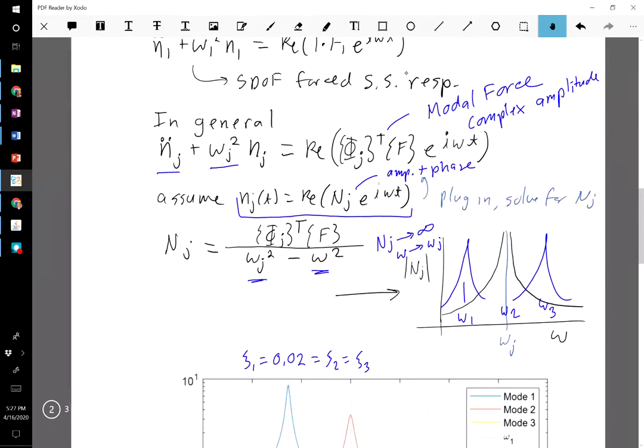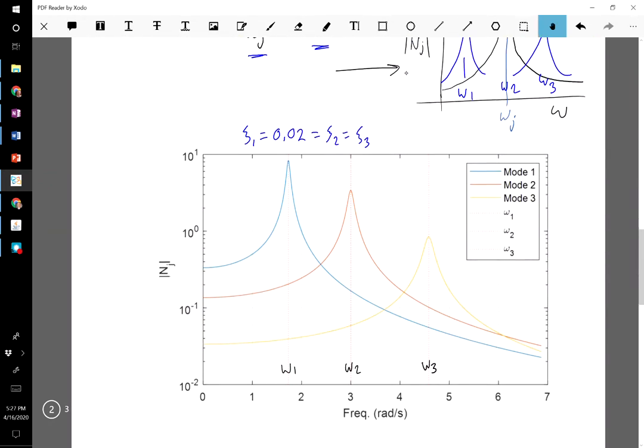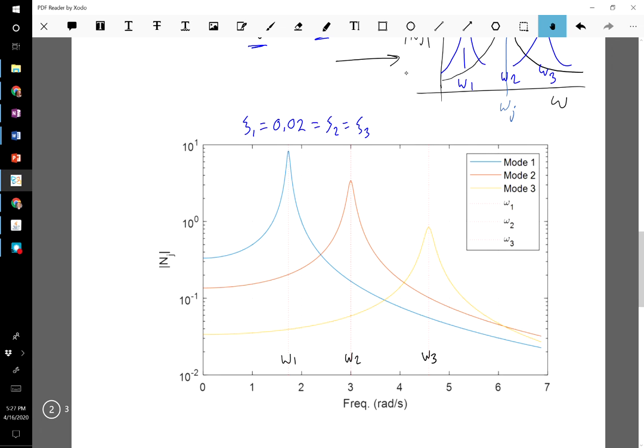Now, we have an even more difficult problem, because now we want the omega, which is the rotation speed of the air conditioner, to not be equal to omega 1 or omega 2 or omega 3. So we have to try to place the operation speed either in the trough between modes, or what we often try to do if we can is put it below any of the modes, or maybe way up above.